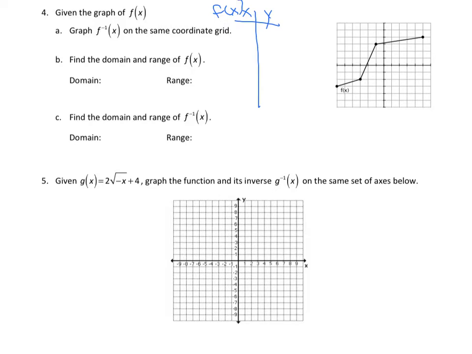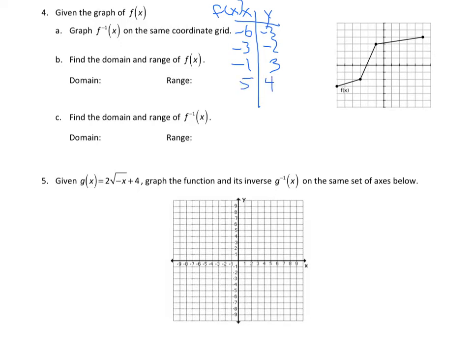Okay, and I have the point negative 6, negative 3. My next point would be negative 3, negative 2. And then we have the point negative 1, 3. And positive 5, positive 4.